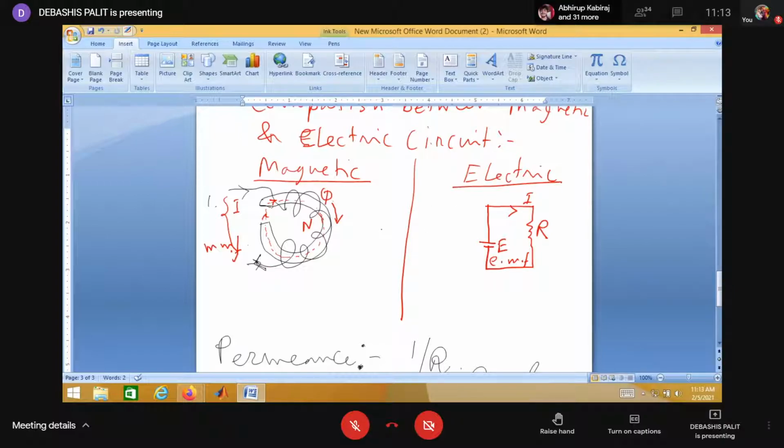So we can say that the flux phi is equal to MMF, that is Ni ampere turn, divided by your reluctance R. Similarly, current I is equal to EMF, that is your volt, divided by resistance R.